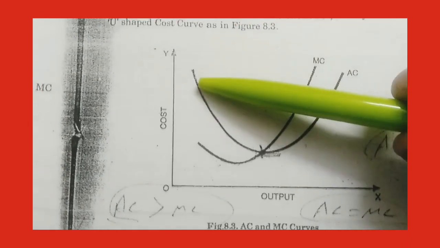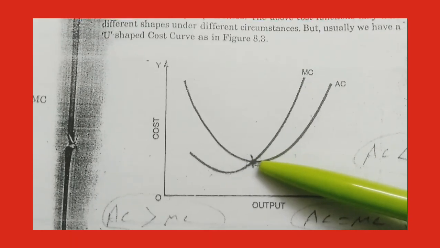The average cost will continue to fall till it reaches the minimum point. This is the minimum point, which is the optimum level of output.